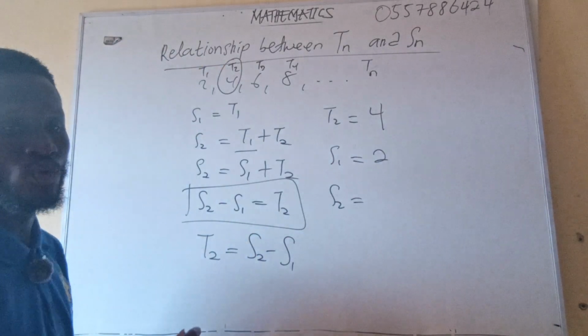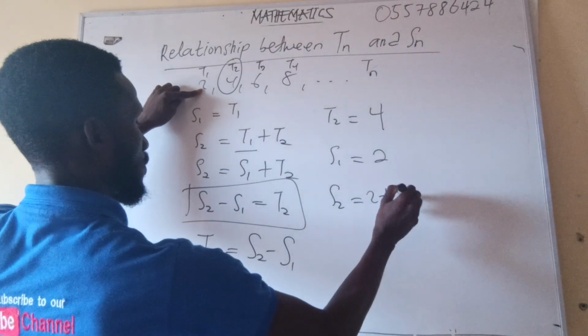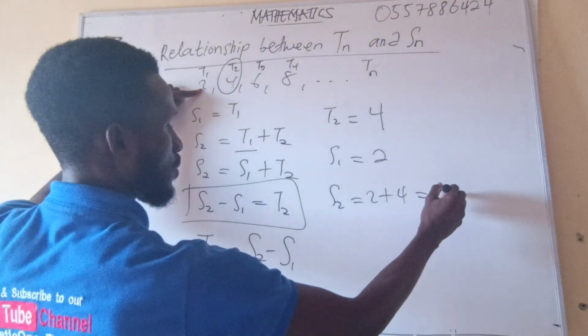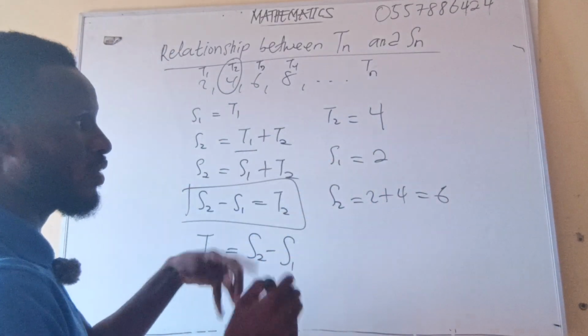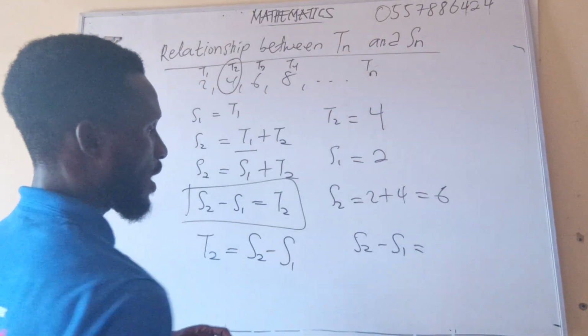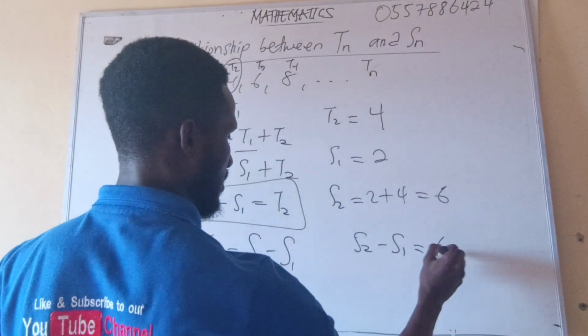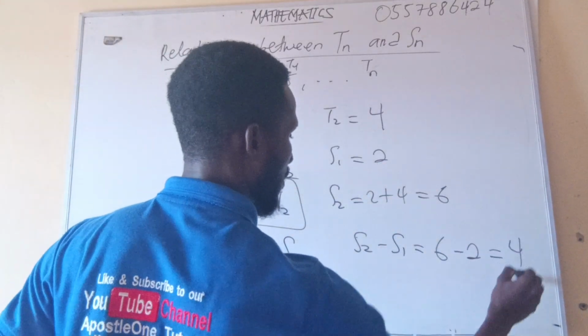Don't forget S2 is T1 plus T2, so that gives us 2 plus 4, which gives us 6. Now, when we subtract S1 from S2, S2 minus S1, what are you going to get? S2 is 6 minus S1, and S1 is 2. So we're going to get 4, right?